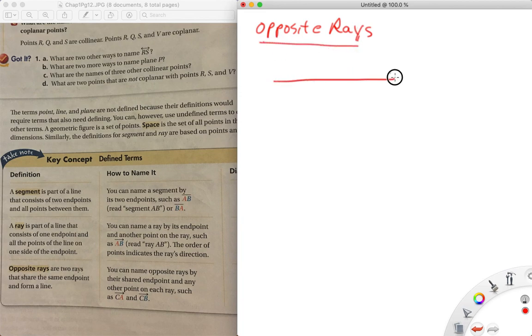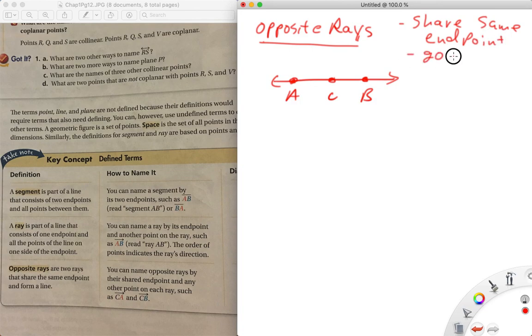So if I have a line, call it A, C, B. The reason they call it opposite is because they go in opposite directions, so they share the same endpoint, and they go in different directions.